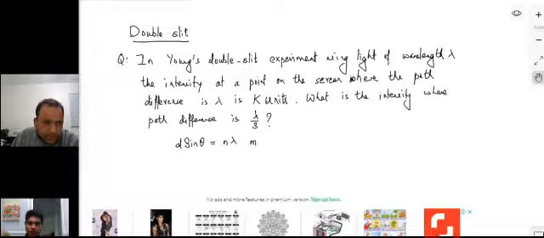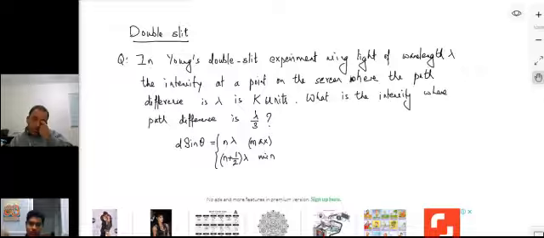For maxima, and it is n plus half lambda for minima. That's one way of writing it.